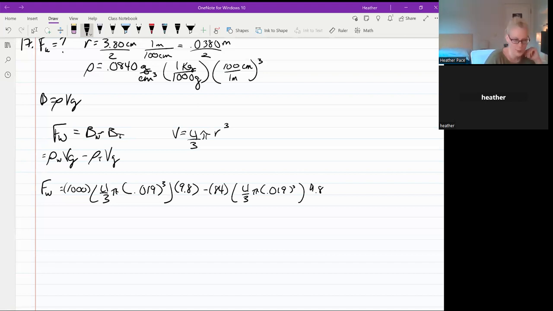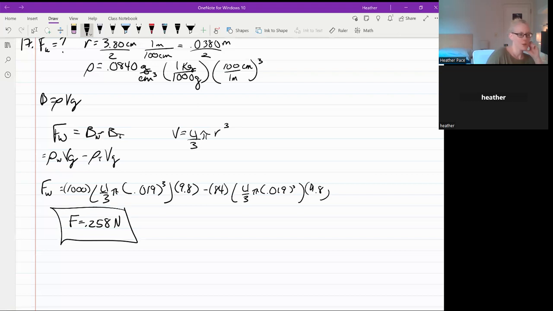So if I were to get out my calculator and do the calculation, I end up with force equals 0.258 newtons, or kilogram meters per second squared, which is what it comes out to if you take the units all the way out.